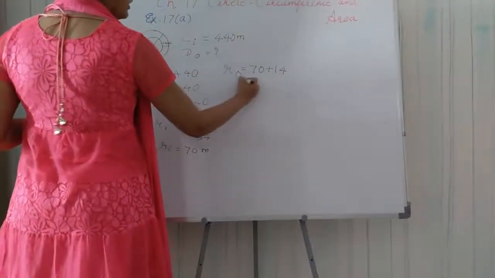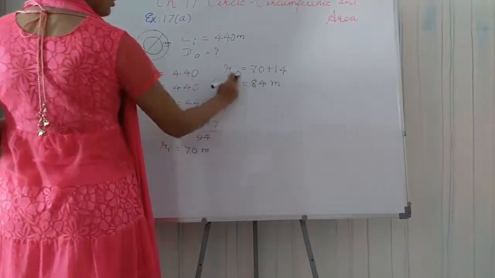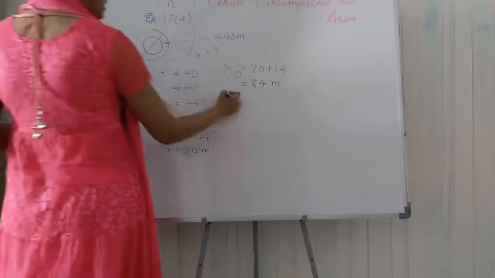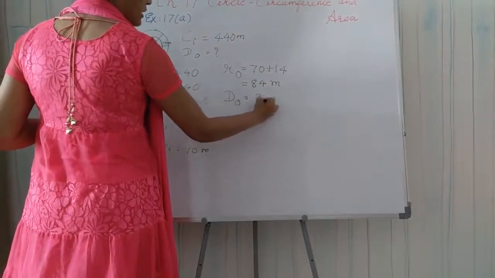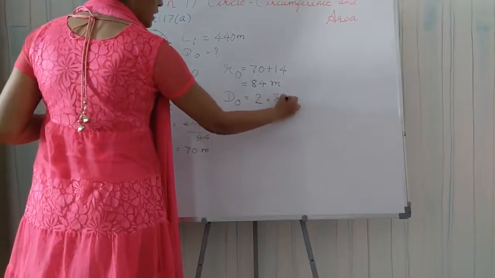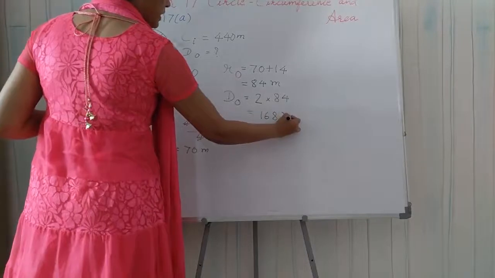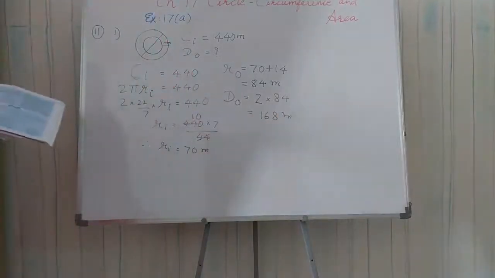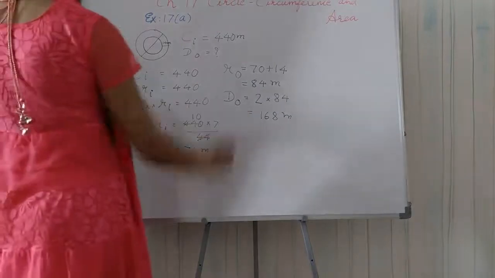So, adding this 14 here, we get 84 meters, that is the outer radius. But the question is to find the outer diameter. So, diameter is double the radius, 2 into 84. So, we get the answer as 168 meters, that is our outer diameter. Question number 11, first part completed here.